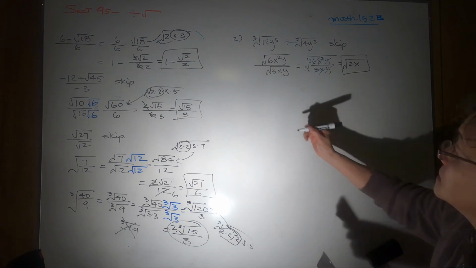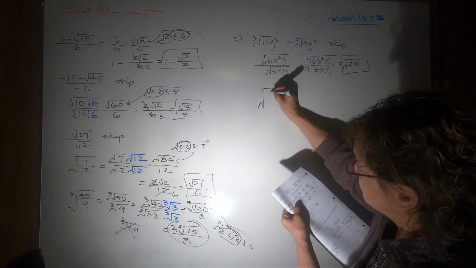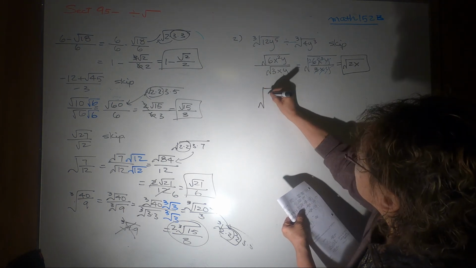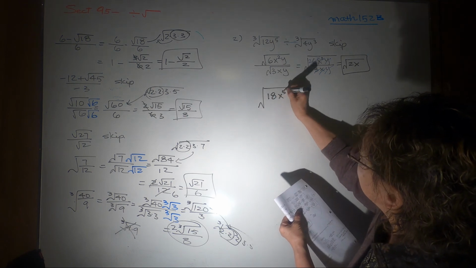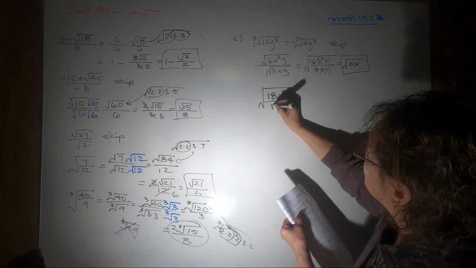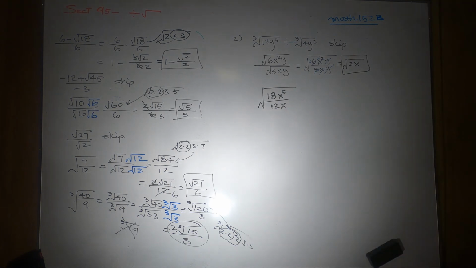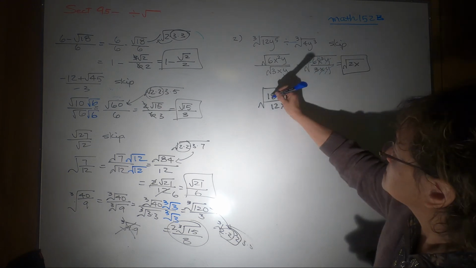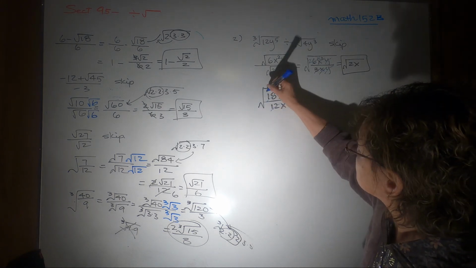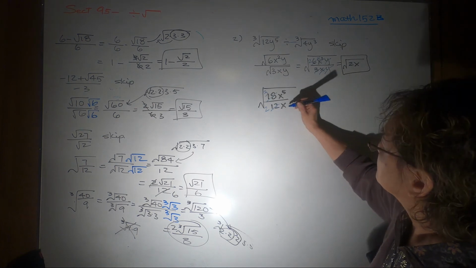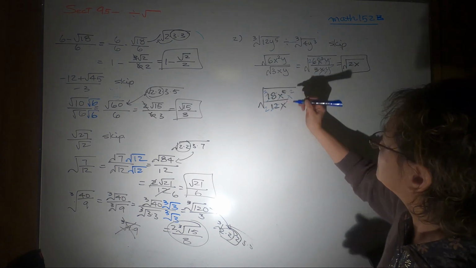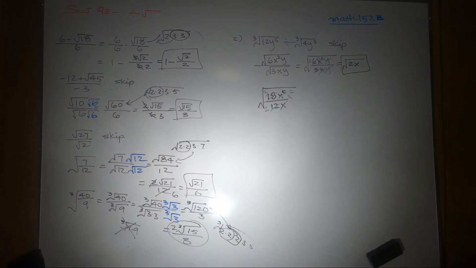And next one, if you have, that would be what? 18x to the 5th power over 12x, right? A fraction. Before we split them, it's easier, we just clean up if we can. We do that first. Okay, so divided by what? 6. That would be through 2. This one would be x squared, right?